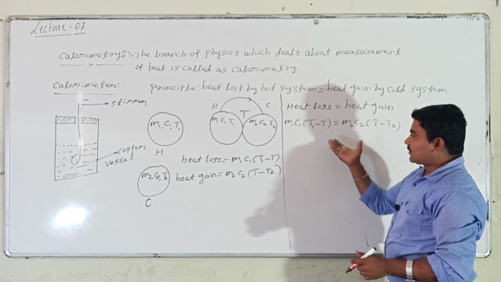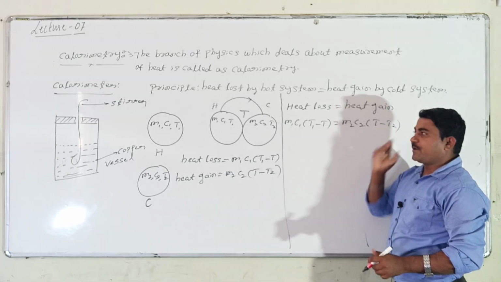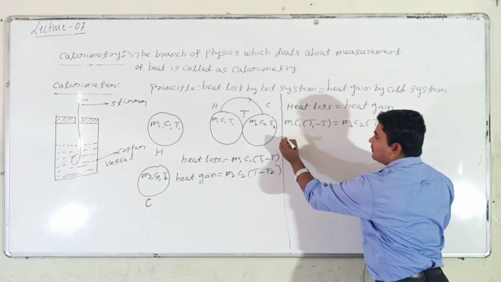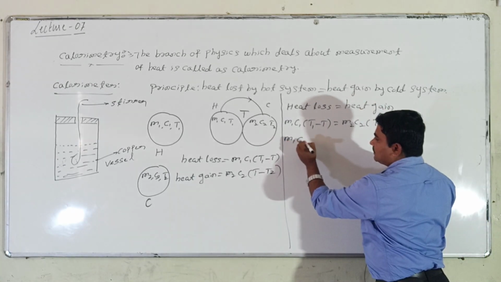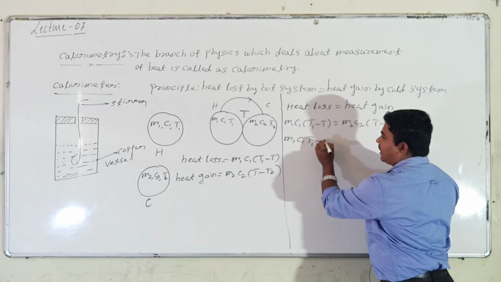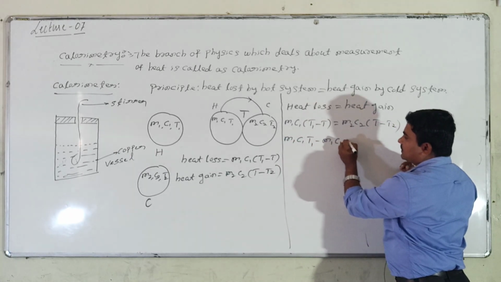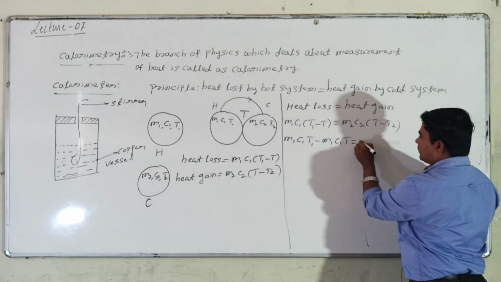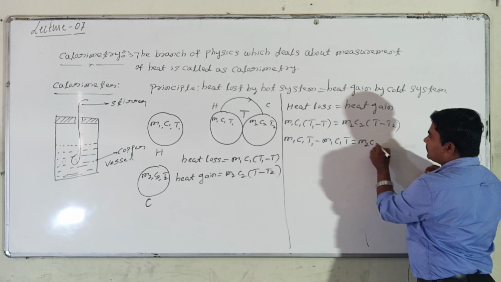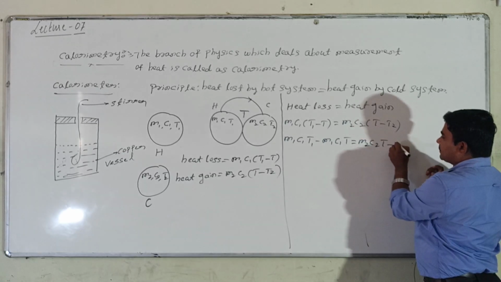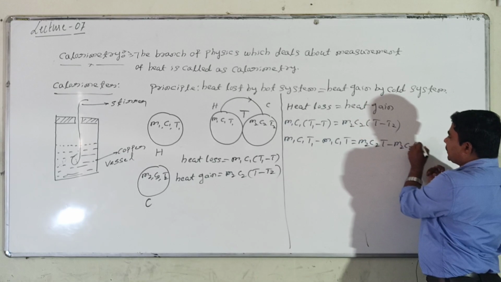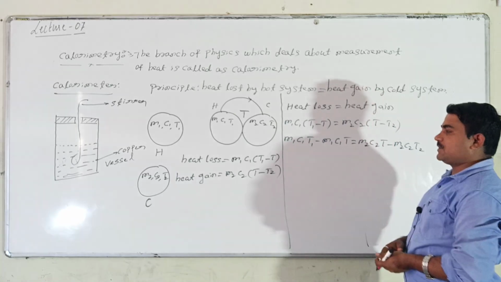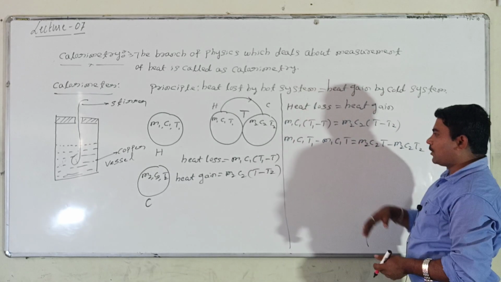Shall I solve this? From this I can get the common temperature T. How to solve? m1 C1 T1 minus m1 C1 T is equal to m2 C2 T minus m2 C2 T2. Are you following this? Shall I rearrange this? How to rearrange?